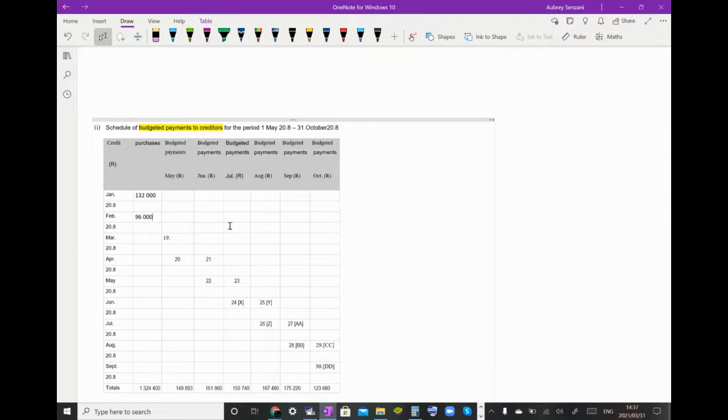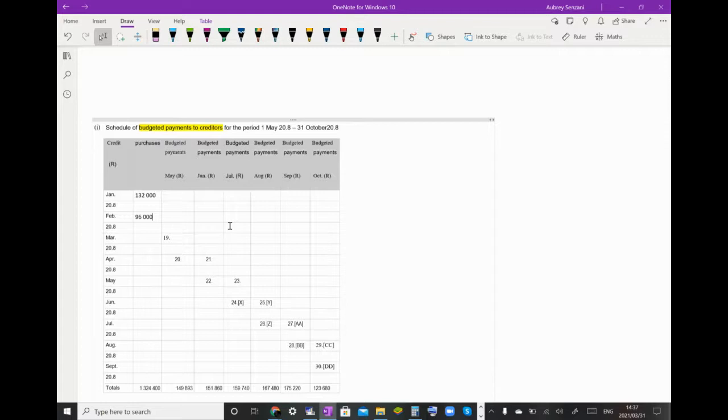And then they tell us that an early settlement discount of 5% is allowed by these creditors. The balance of 35% is settled in the subsequent month.